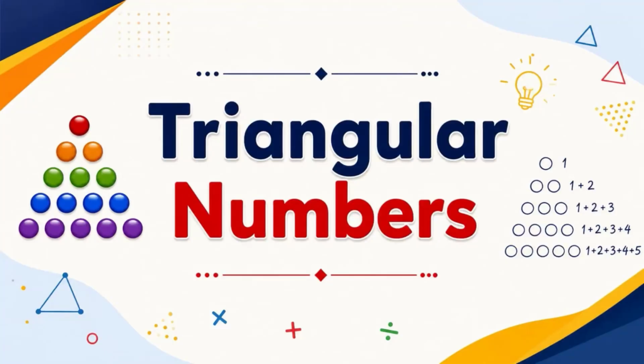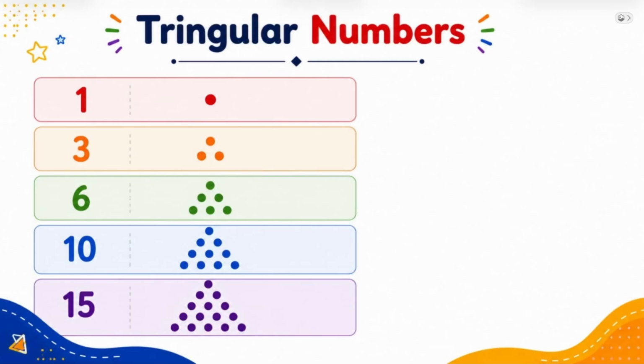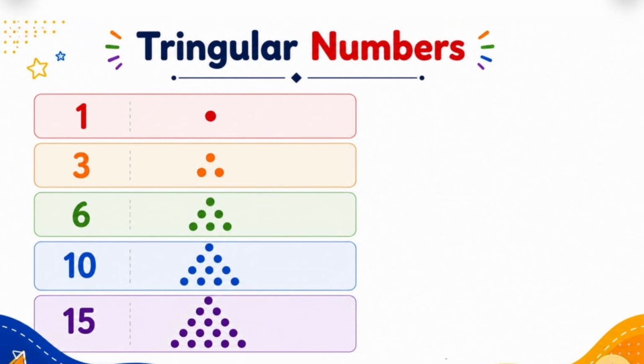Next, we'll read about triangular numbers and their relation with square numbers. Do you know what triangular numbers are? These numbers can be arranged in the shape of an equilateral triangle using dots. The first triangular number is 1, and to get the next triangular number, we add 1 with 2, which is 3.